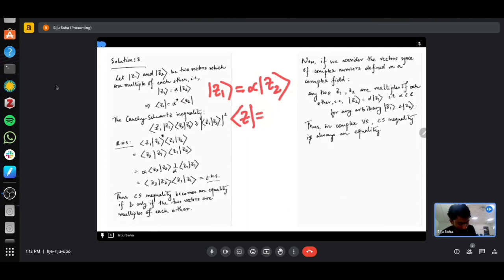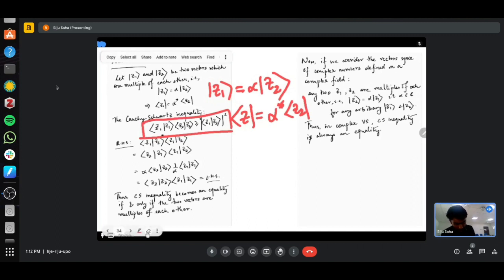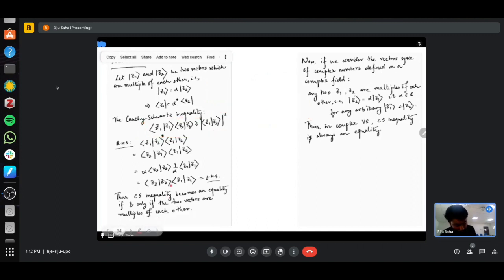If I take a complex conjugate on both sides, this is how it transforms: the ket becomes a bra, and alpha becomes its complex conjugate. This is what we learned from the previous slide. So let us check whether this inequality becomes an equality or not.